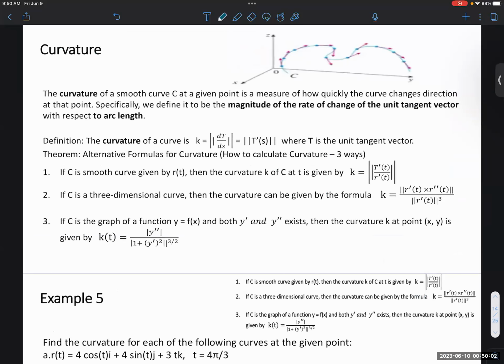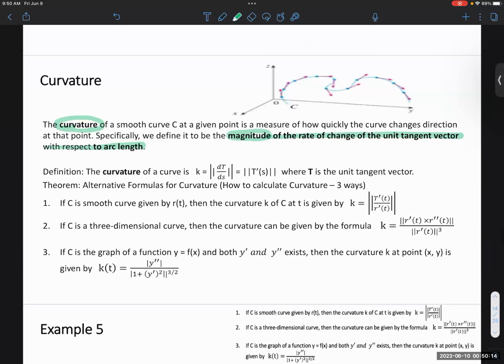So curvature, that's the definition. Curvature is the magnitude of the rate of change of the unit tangent vector with respect to arc length. So whoa, what is that? In other words, curvature, for a smooth curve at a particular point, is a measure of how quickly the curve changes direction at that point. So let's say I have a very interesting curve, going up and curving, up and curving.